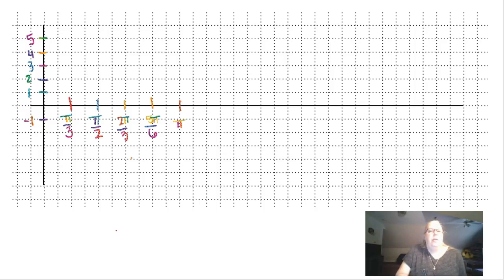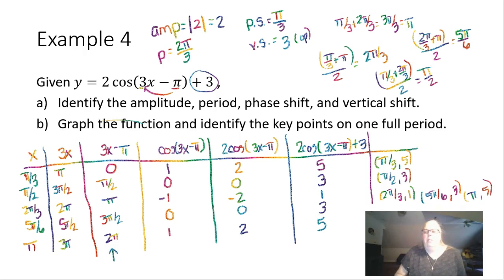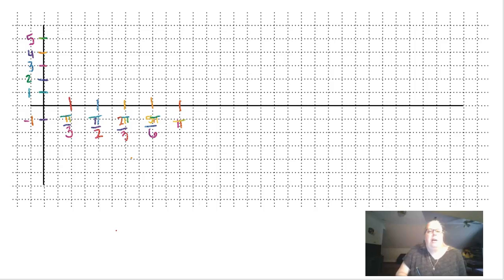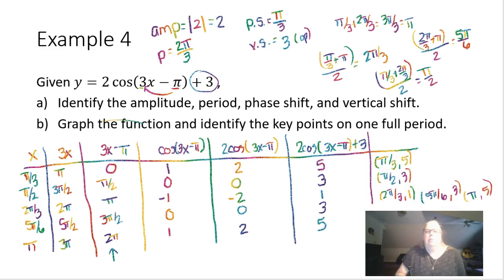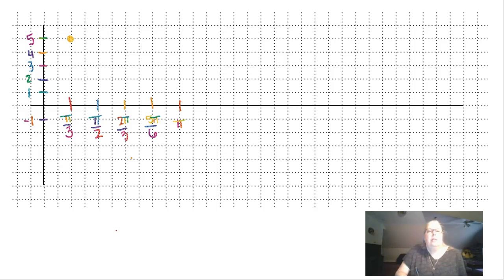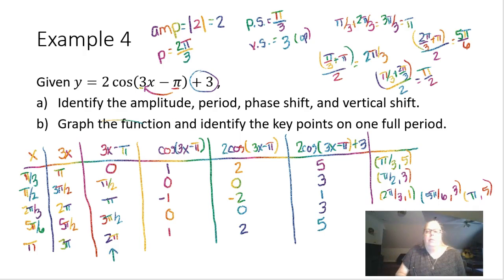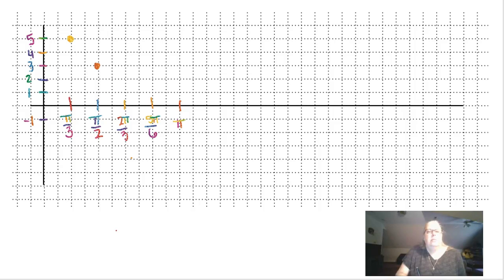Alright, let's look at our points. We're graphing pi over 3 and positive 5. That's going to be right here. We want to graph pi over 2 and positive 3. That's going to be right here. We want to graph 2 pi over 3 and positive 1.